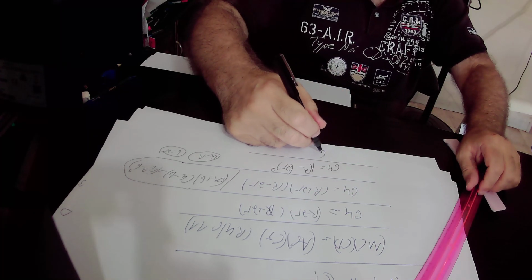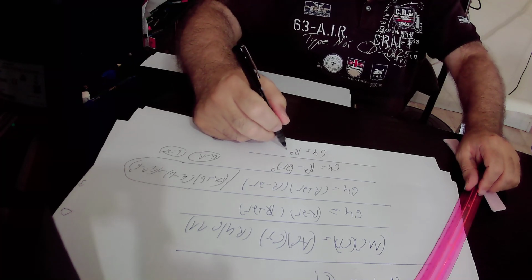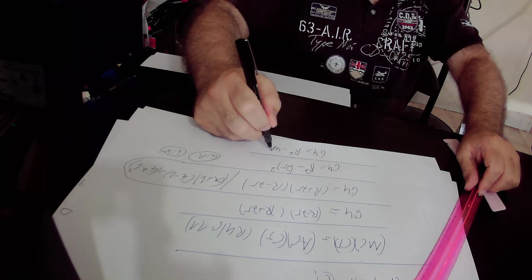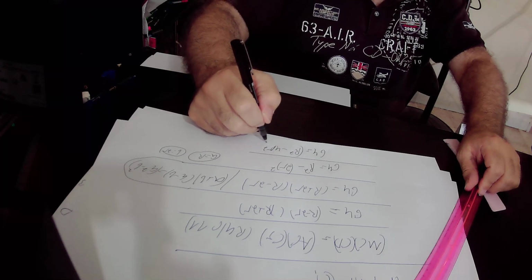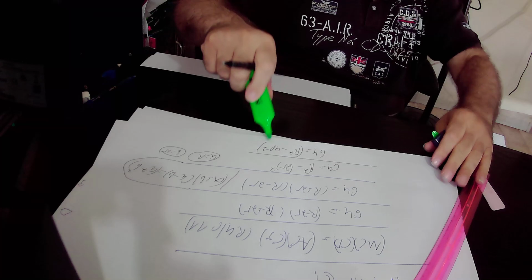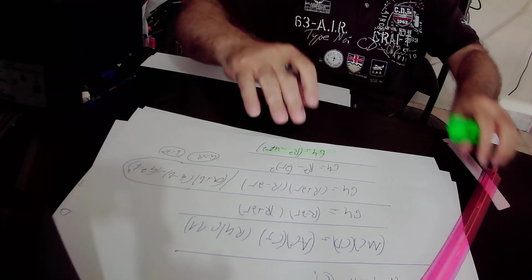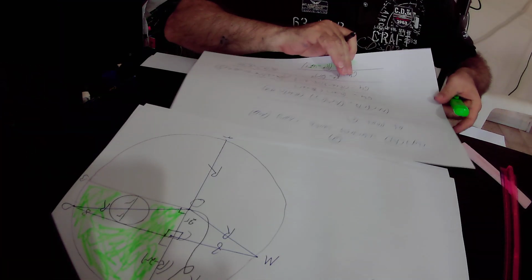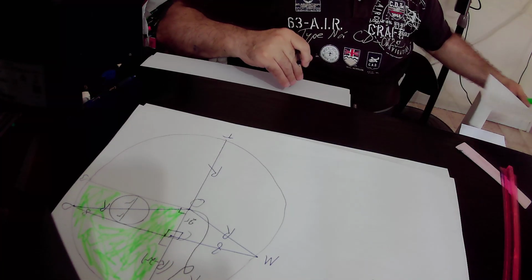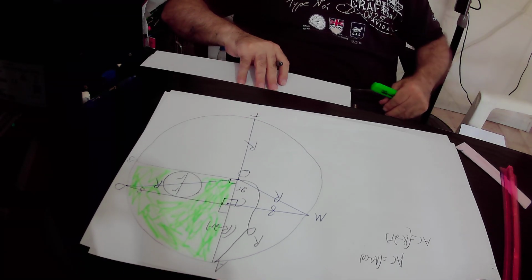That is to say, 64 equals to capital R square minus 2R square is minus 4R square. So in conclusion, we found out that 64 equals to capital R square minus 4R square. Okay. But what is actually the area of the green shape?